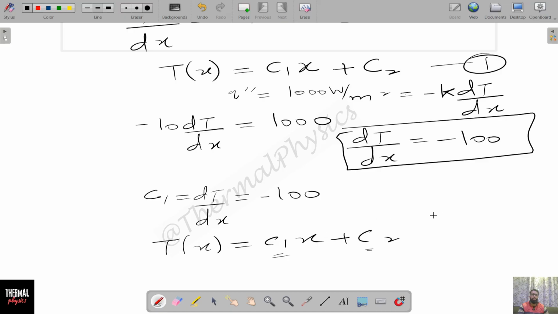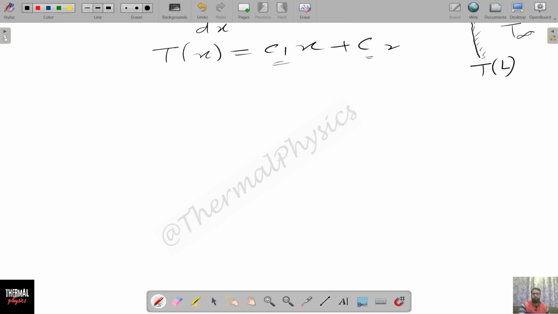For that, we know the temperature on the other side of the face. We don't know any temperature there, but it will be say TL, and h is given and T infinity is given, and we can relate them using the convective transfer equation. We know that Q divided by A is h times (TL minus T infinity).